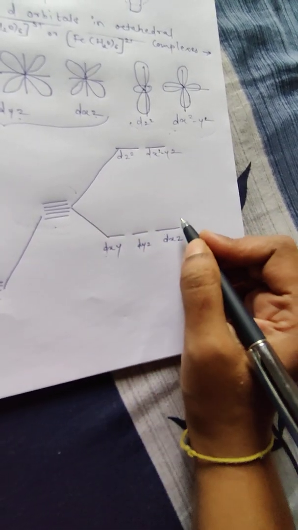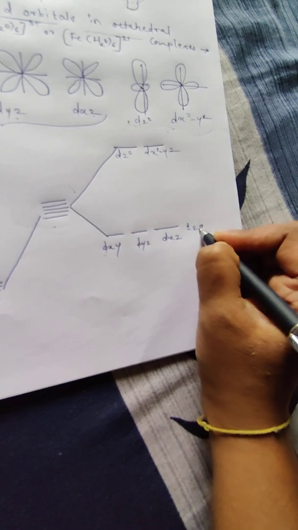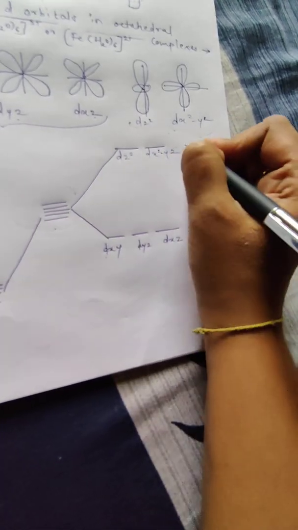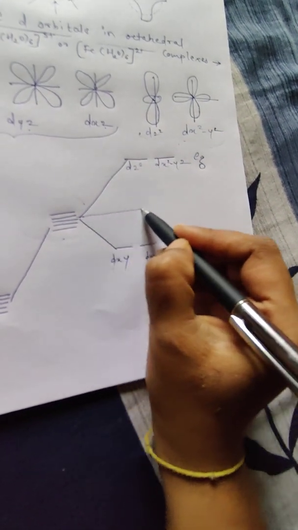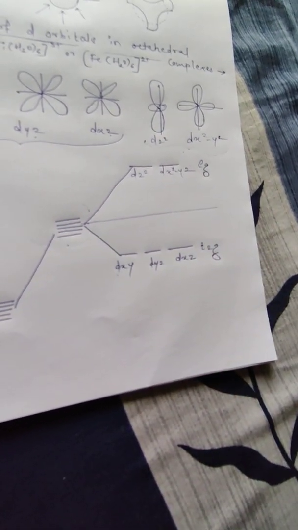The group with three d orbitals is called the T2g group, and the group with two d orbitals is called the Eg group. The middle center is called the barycenter.